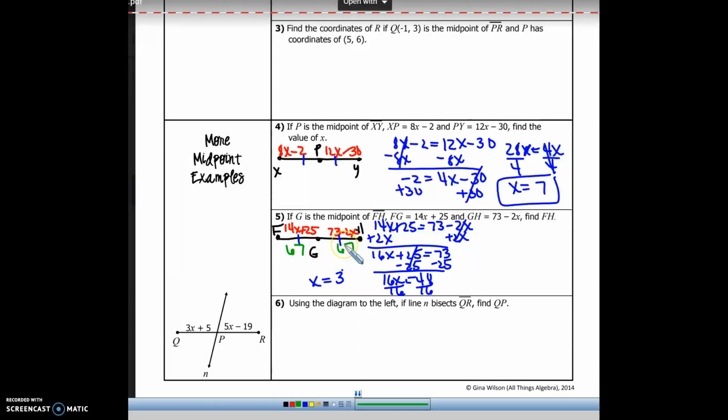Are they supposed to be congruent? The same thing? Yes. So FH is going to be 67 plus 67. So FH is going to equal 134.